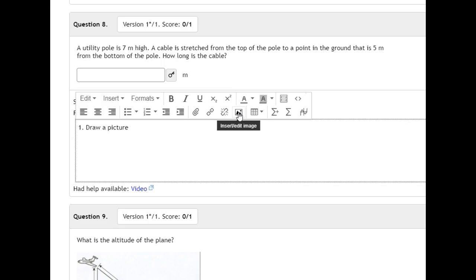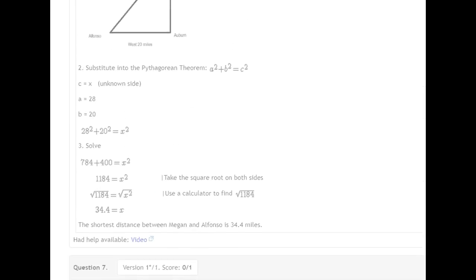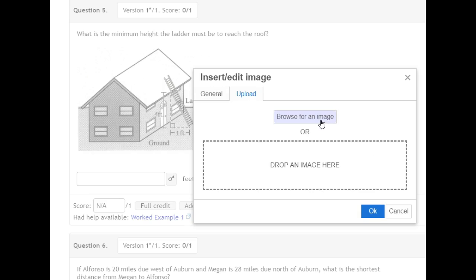So I made an image of what I thought the problem looked like, and I'm inserting it by clicking on this insert an image option, and it should bring up a box to insert. You might have to scroll up to find it, and I'm going to upload, browse for my image, which I saved to the desktop of my computer.